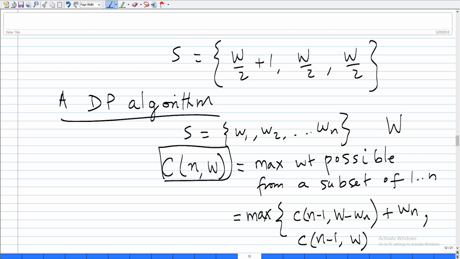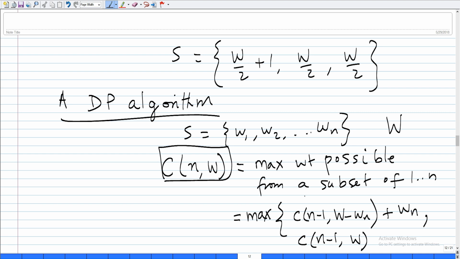And you gradually, using this recursive formulation, you will compute finally what is the maximum possible thing available using any subset of n objects. Okay, this has the optimum substructure property which is used here, that if you pick Wn, then whatever remaining is the optimum solution from 1 to n minus 1 in the remaining capacity.